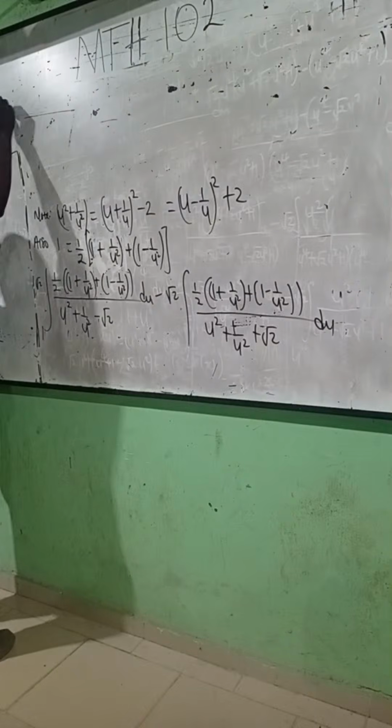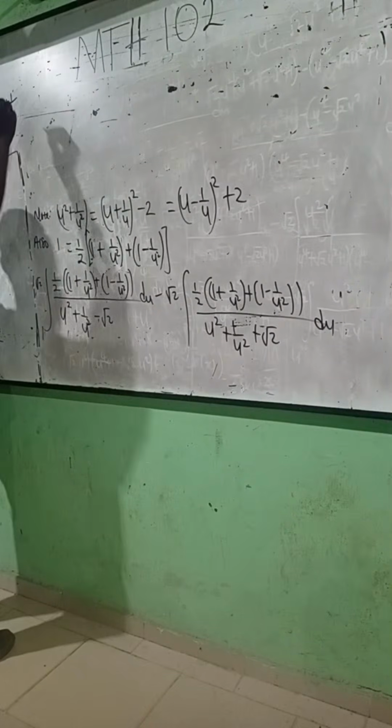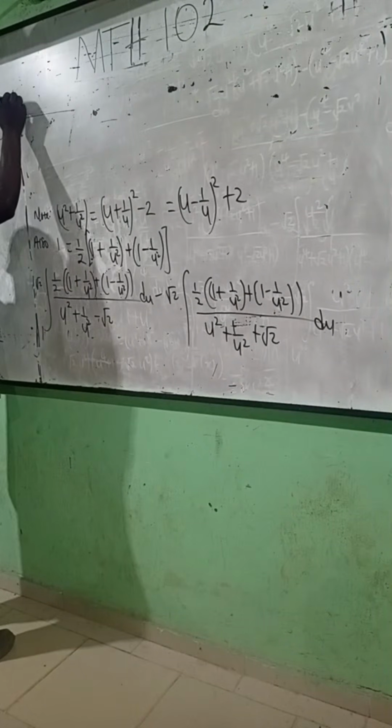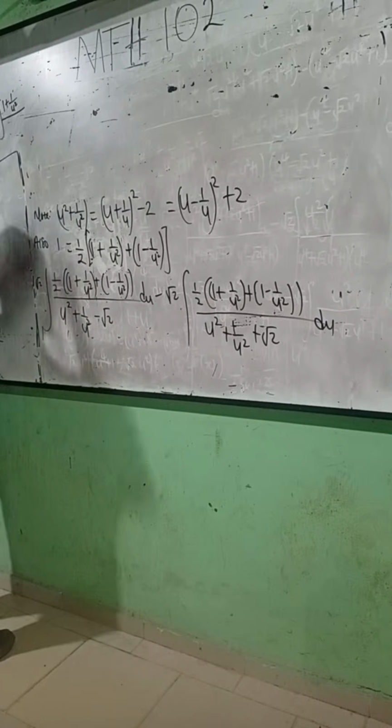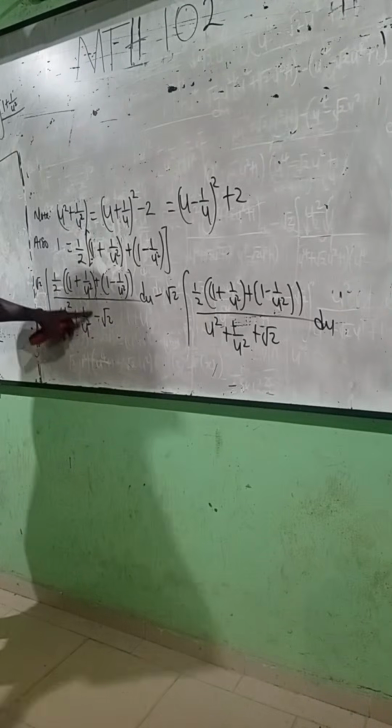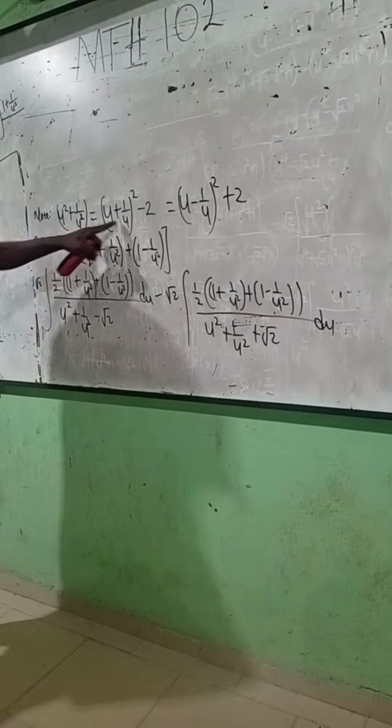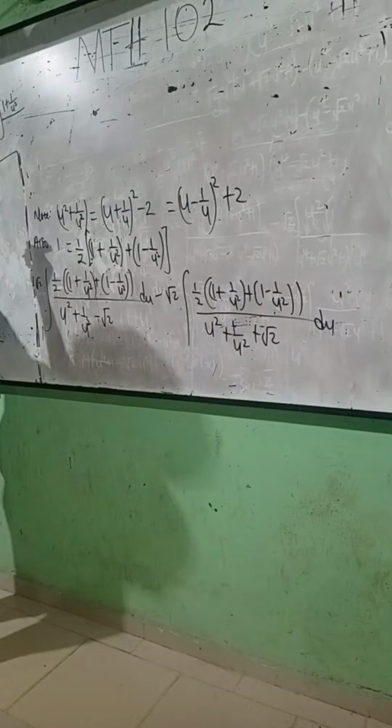So here now we have 1 plus 1 over u squared divided by what?